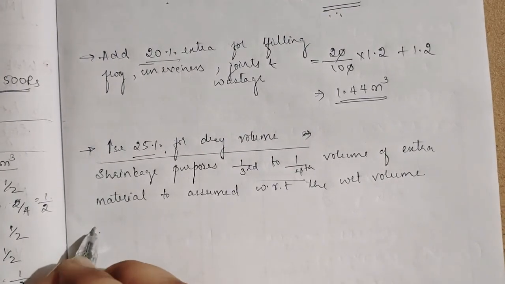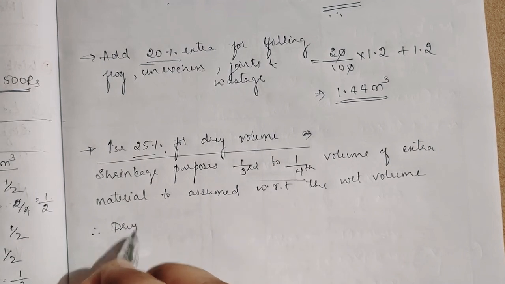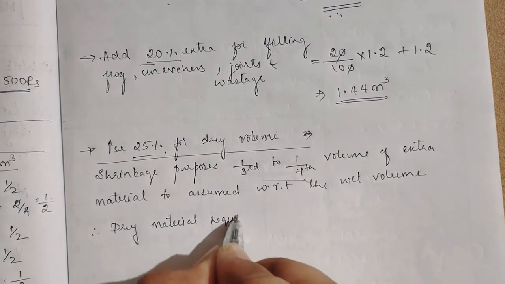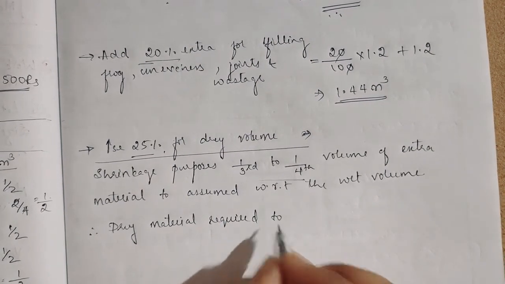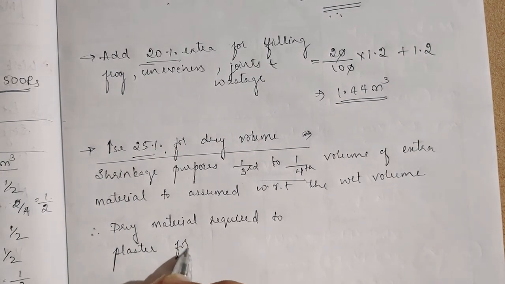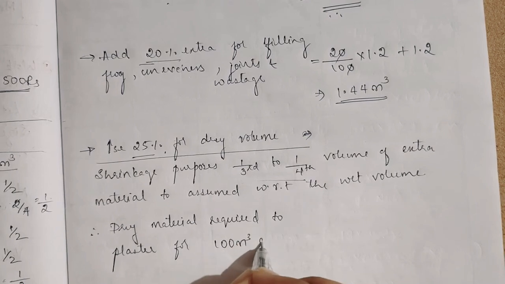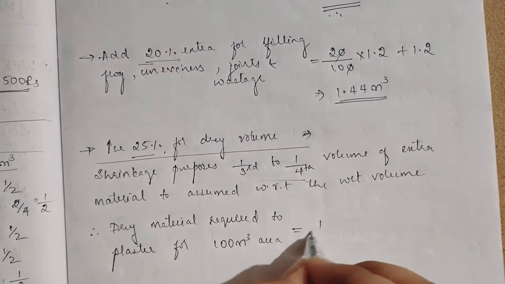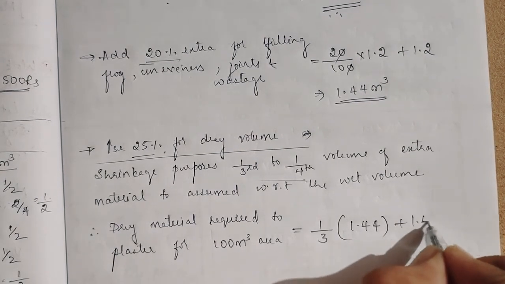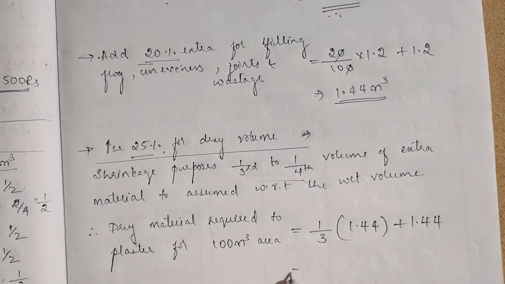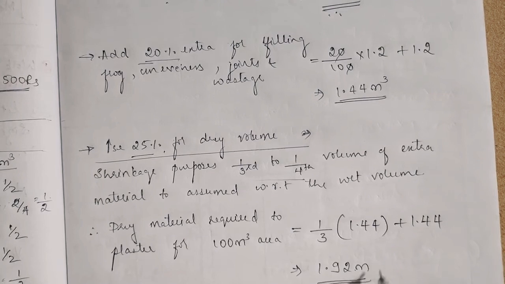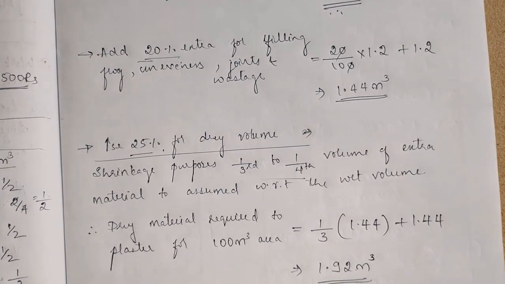So therefore the dry material required to do plaster for 100 meter square area will be 1/3 of 1.44 plus 1.44, it will be 1.92 meter cube of volume.